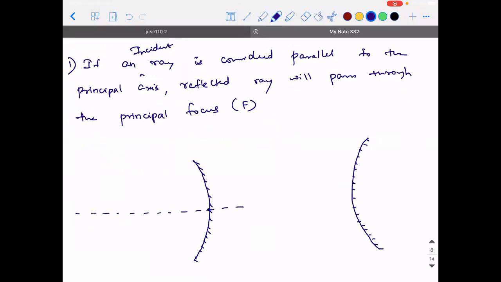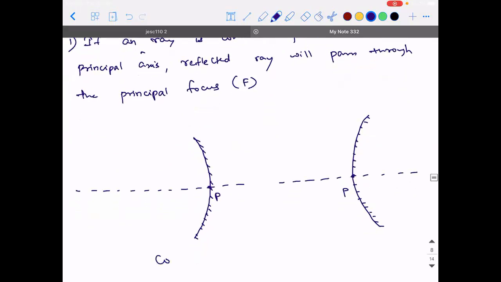So this is the principal axis. Let me call this as pole. And this is the pole. Okay. So this is a concave and this is a convex. Observe carefully, okay? So if I take a ray parallel to the principal axis, at this point, what is the name of this point, guys?